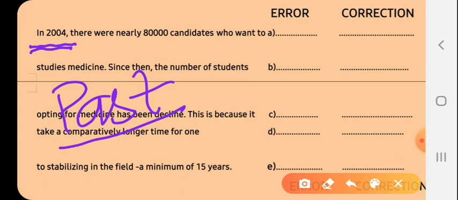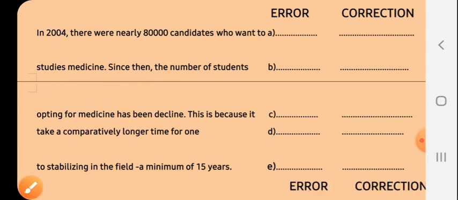Next thing, if the passage is given in past, the verb must also come in past. So, one thing we have to keep in mind, verb must be in past and it should agree with the subject. So, let's see. In 2004, there were nearly 80,000 candidates who want.